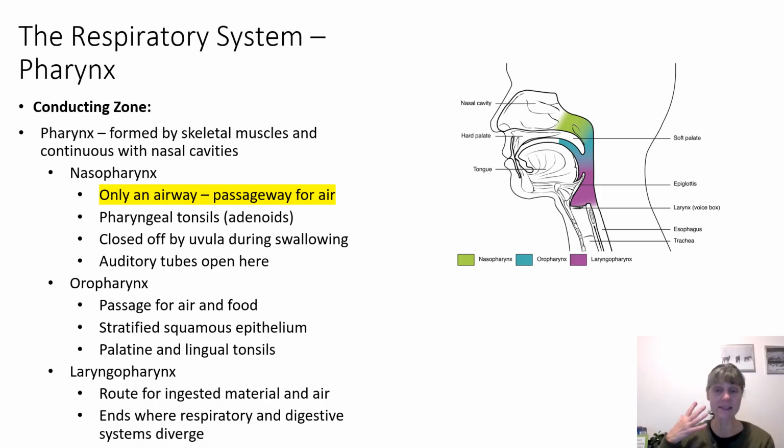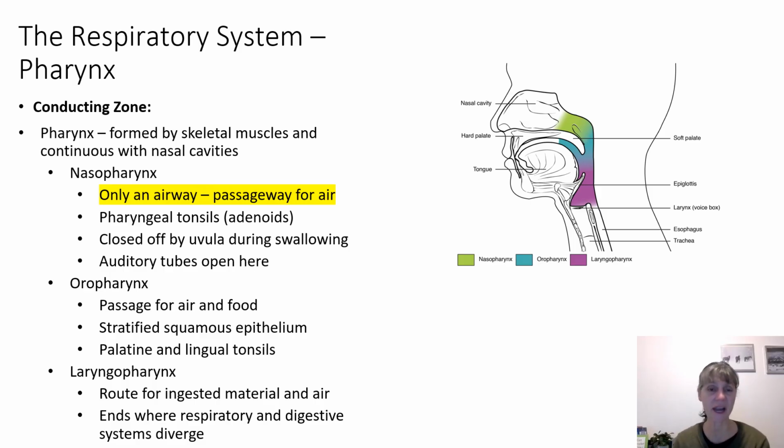After air passes through the nasal cavity, it's going to enter the pharynx. And the pharynx consists of three distinct areas. There's a nasopharynx, an oropharynx, and a laryngopharynx. And the nasopharynx is basically just an airway.